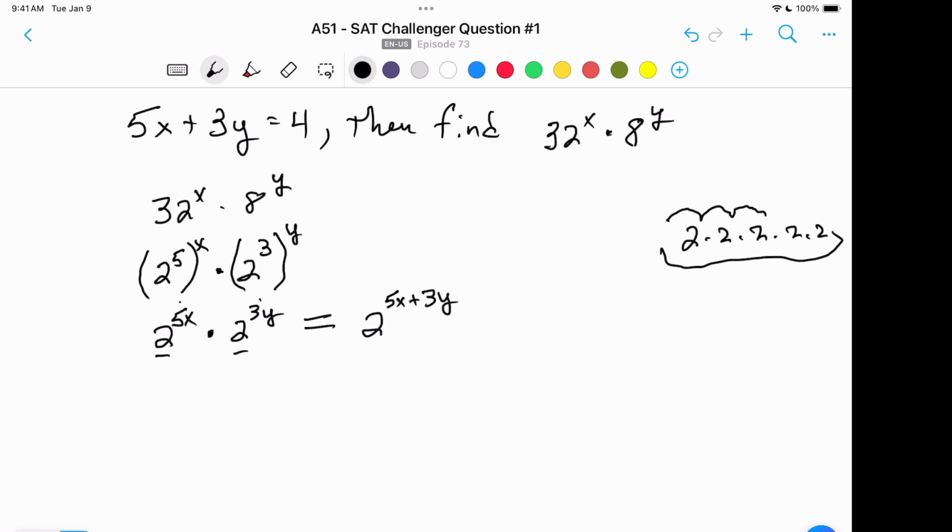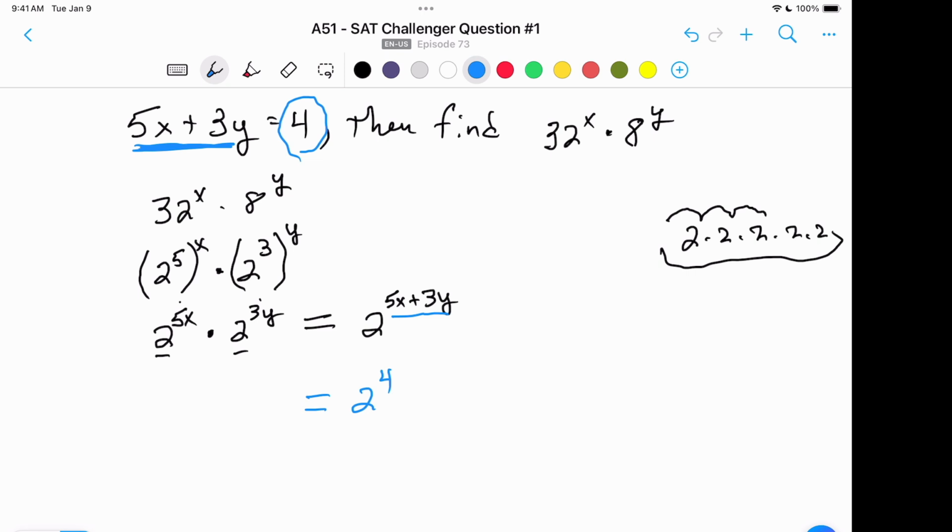Now look at that. Right up here, 5x plus 3y. Both of these are exactly the same. Well, we know that it equals 4. So just replace it with 4: 2 to the 4th power.